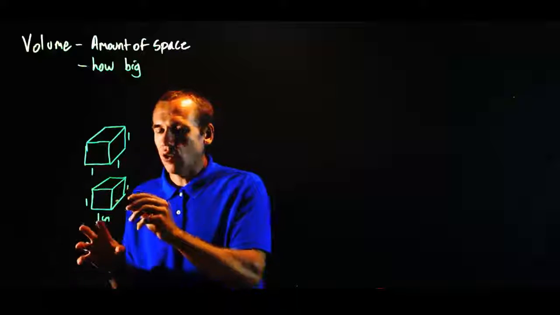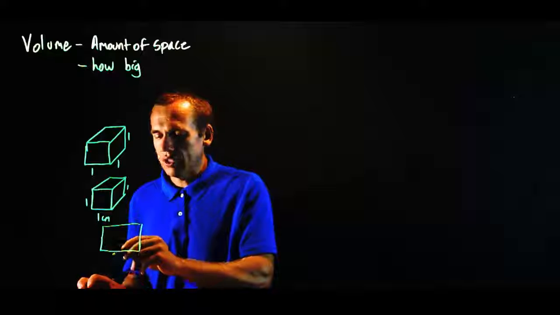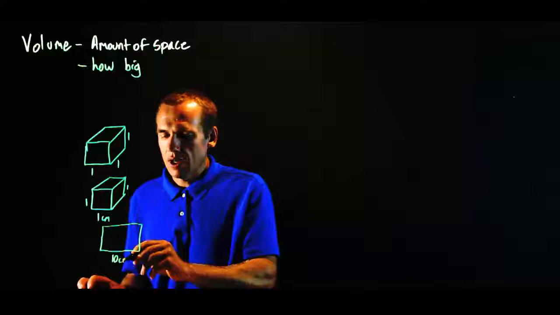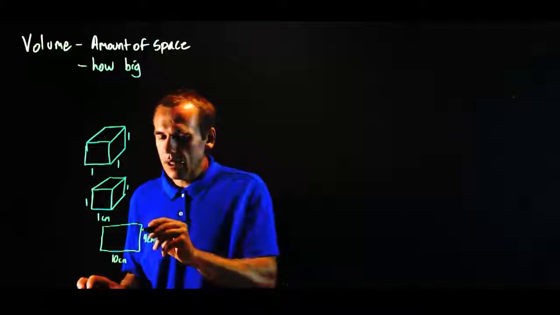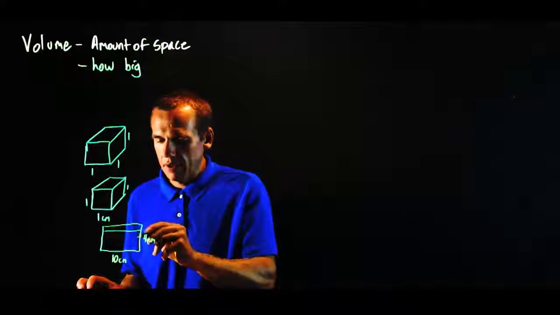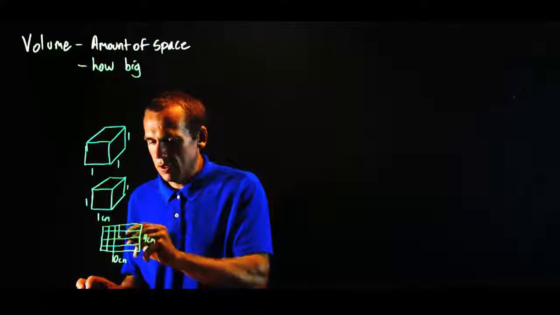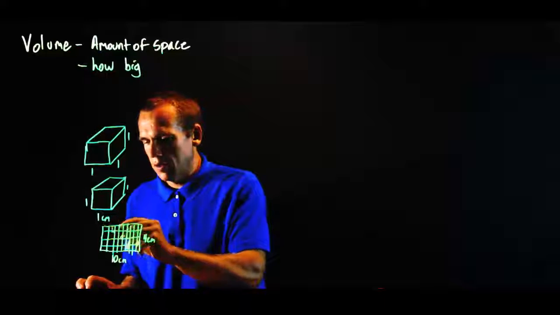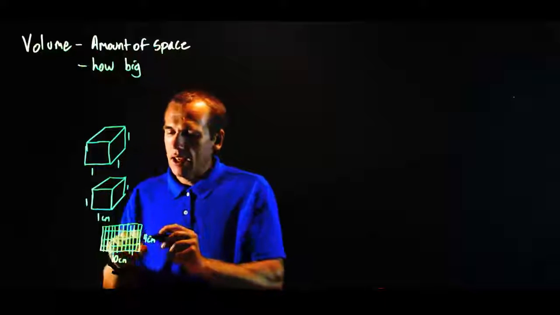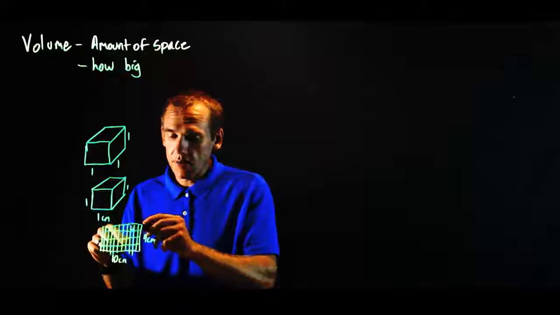Now if I stacked a whole bunch of those together so that I had a square or a rectangle that when I looked down was 10 centimeters by 4 centimeters, then I could see that I would have 10 squares this way, 4 squares that way, and that would get me 40 square centimeters.